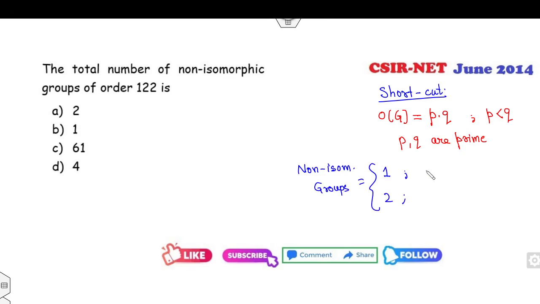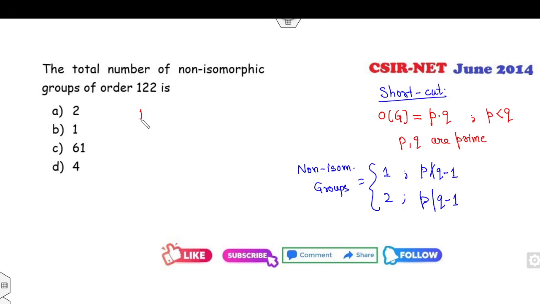It is 1 if G is cyclic. You can simply write that if P doesn't divide Q minus 1, the number of non-isomorphic groups is 1, and if P divides Q minus 1, it is 2.